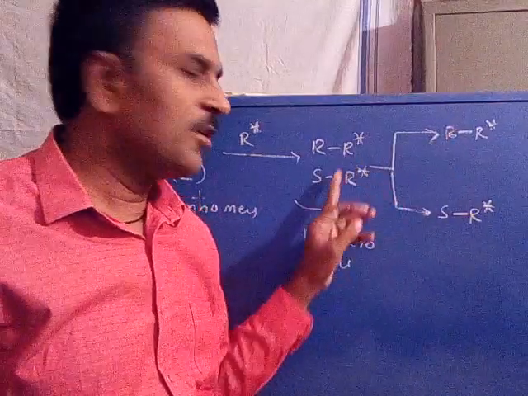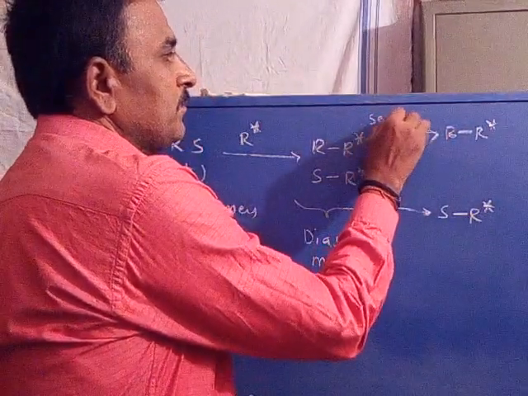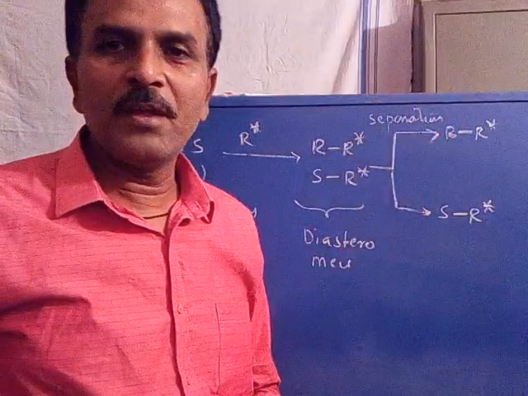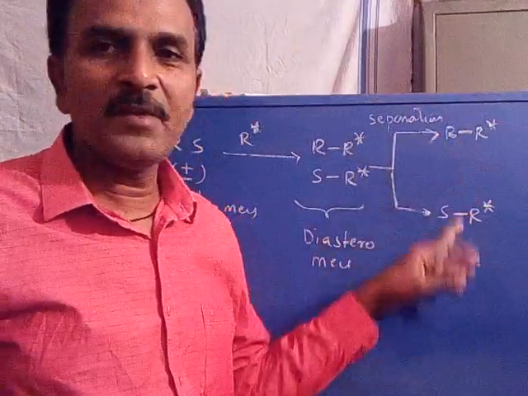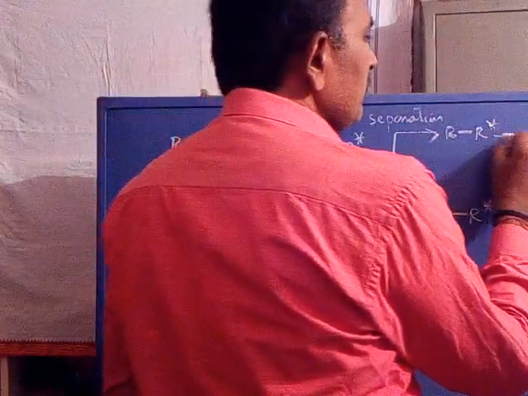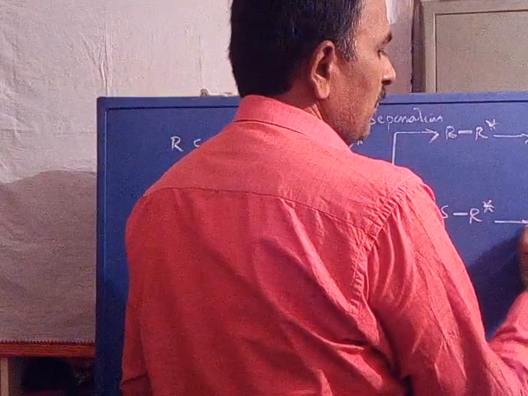So the diastereomers are separated easily. The diastereomers can be easily separated from each other and regenerated to the R isomer and S isomer.